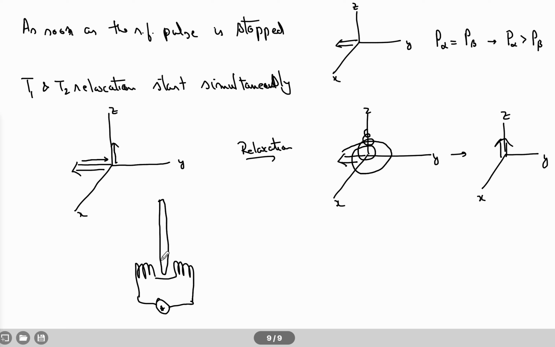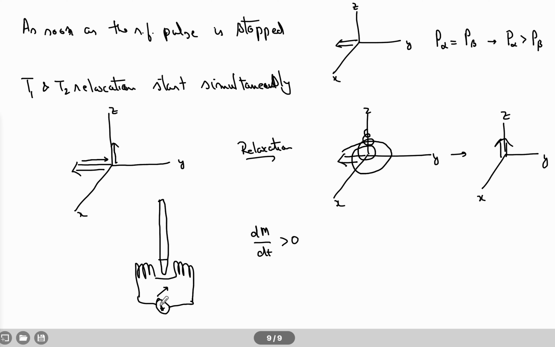Now the magnetization inside the sample is relaxing back to the Z axis. That means there is a finite dM by dt, right? Now because there is a finite dM by dt, there will be a current in the coil.